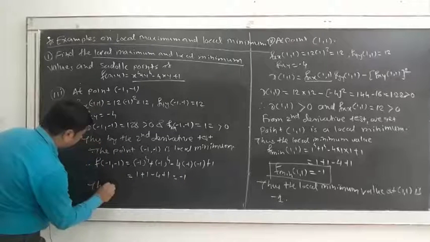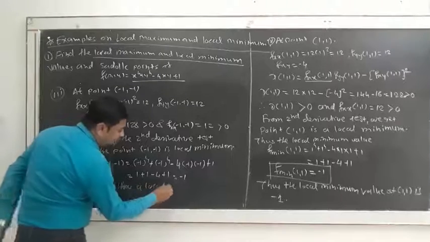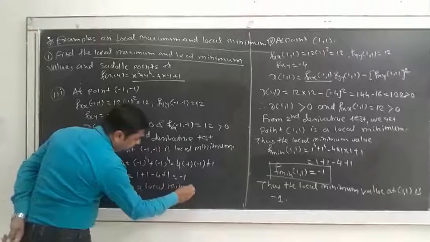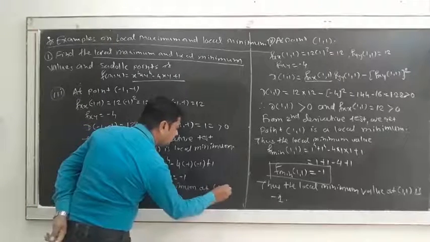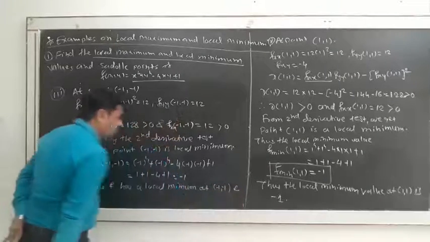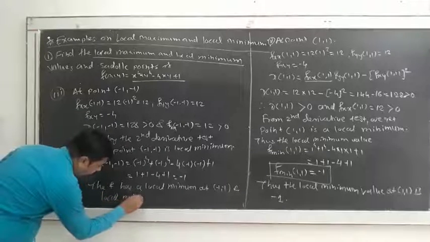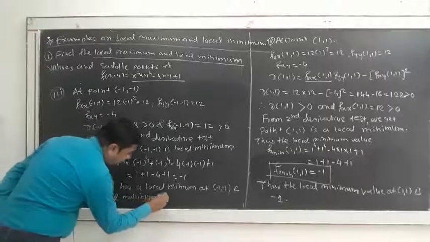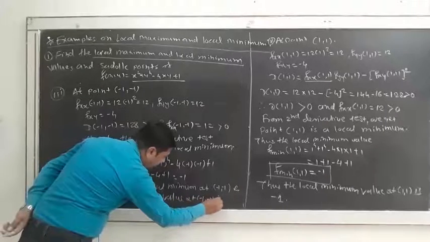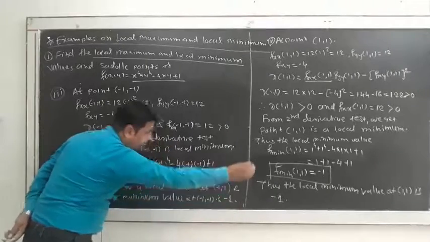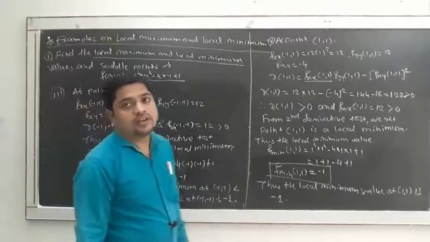Thus f has a local minimum at (-1, -1), and the local minimum value at (-1, -1) is -1.